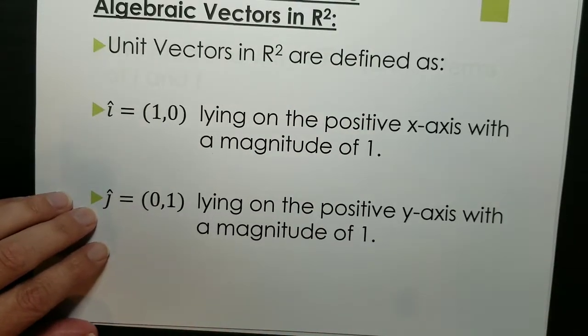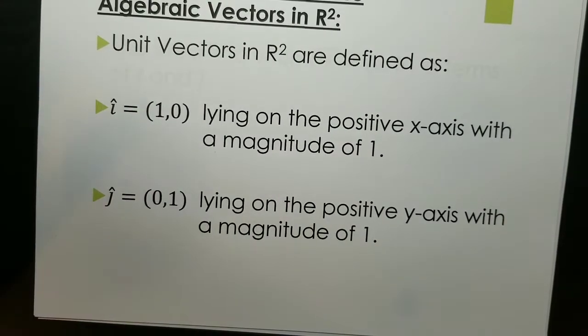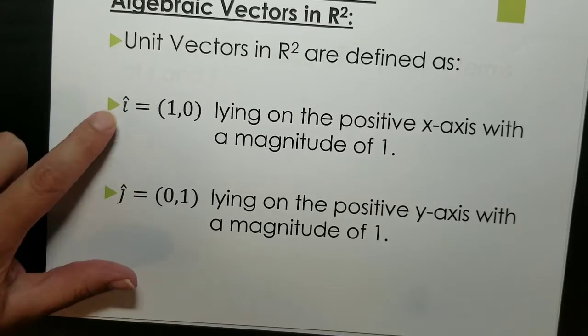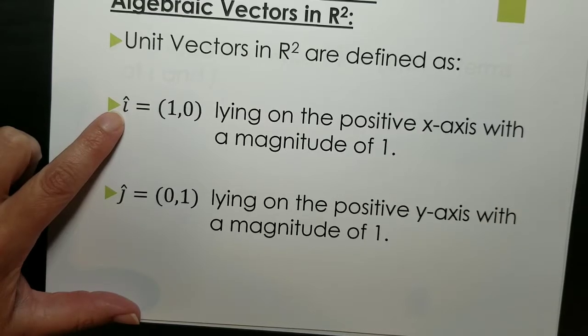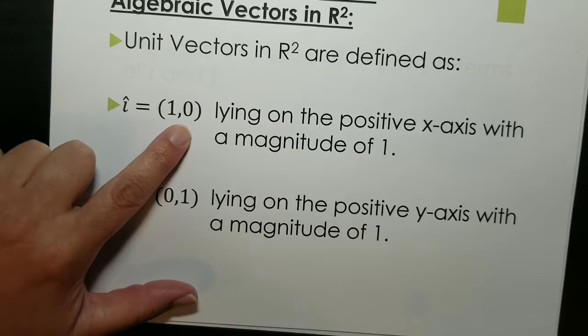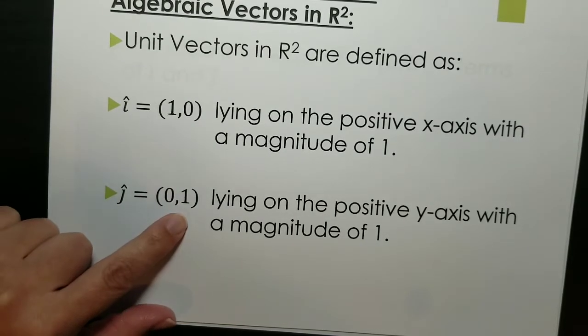And one of the things we do to make this easier is to define two special unit vectors as i and j. So i is going to be the unit vector in the direction of the positive x-axis. So i is the vector 1, 0. And j is the vector in the direction of the positive y-axis. So 0, 1.